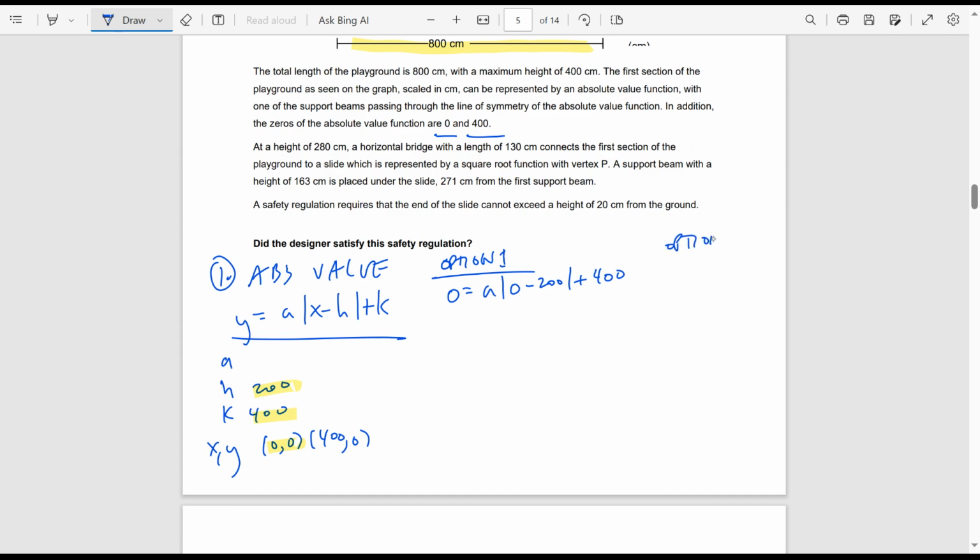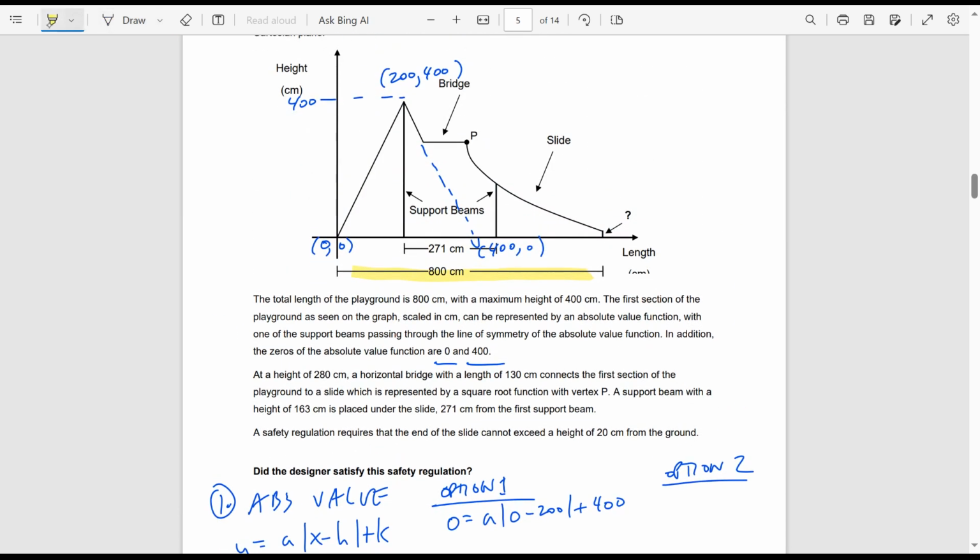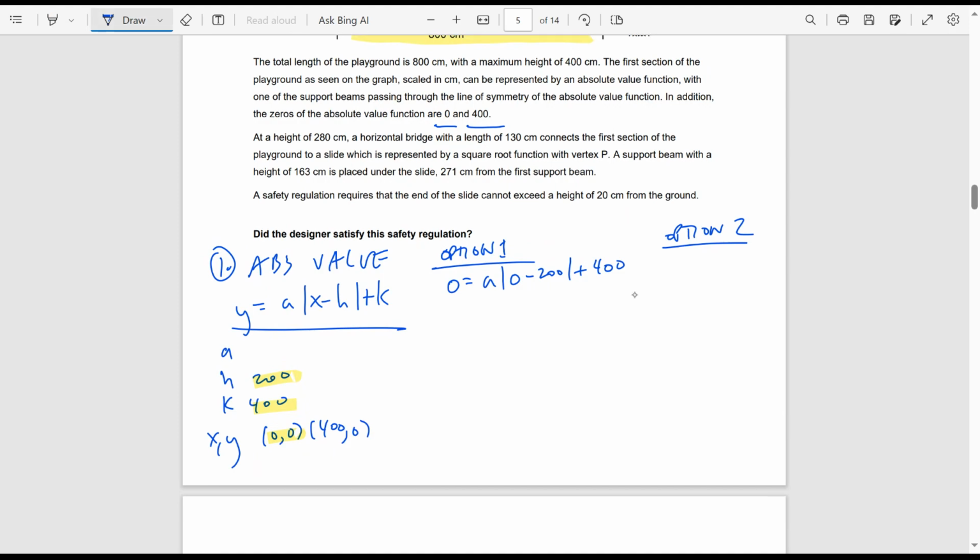Option 2, which Kiana saw right off the bat, was, well, don't I just have 2 points on a line? Like I have 2 points on a line right there. So because I have these 2 points, can I not just go y2 minus y1 over x2 minus x1? Which is a lot easier in my mind than trying to go through and rearrange all this stuff. So how would you show the work?